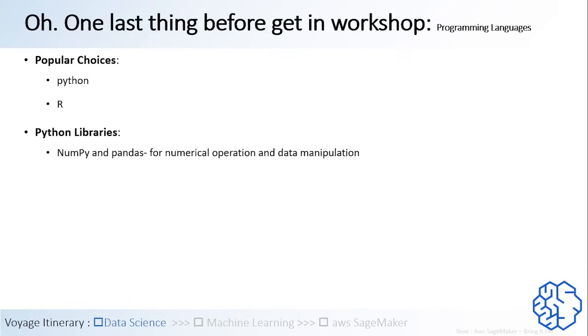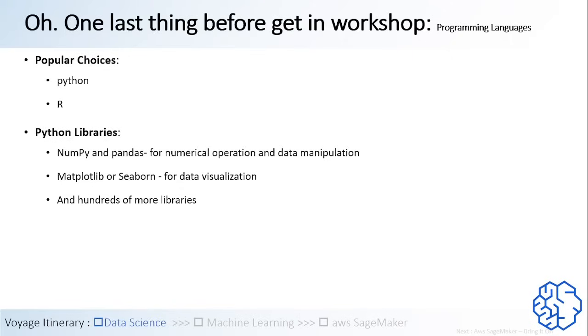Pandas, same for data manipulation. Since we are going to do a lot of data reading and writing, one of the most popular libraries is Pandas. And for data visualization, there are libraries called Matplotlib or Seaborn, right? Again, these are libraries that are going to help us avoid doing some rudimentary tasks.